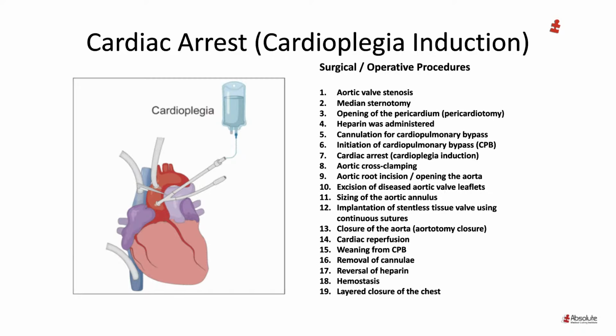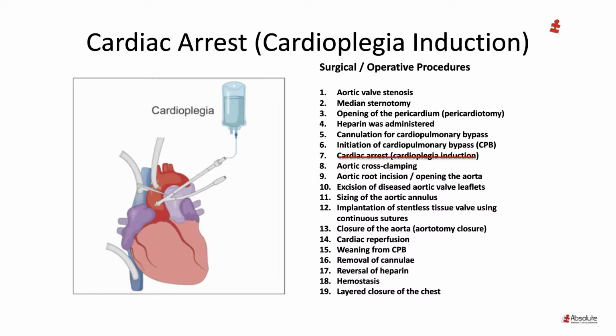So how they do it, they take a special potassium rich solution and the doctor infuses it, as in this picture, into the heart, and they induce cardiac arrest to stop that heart from beating.